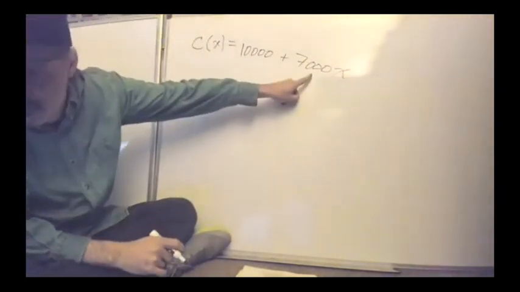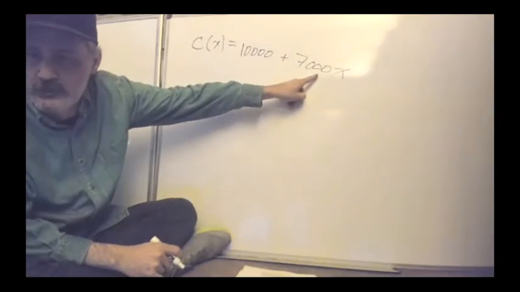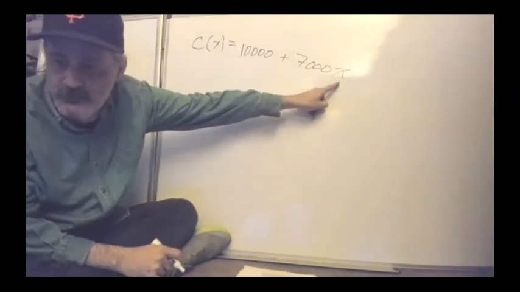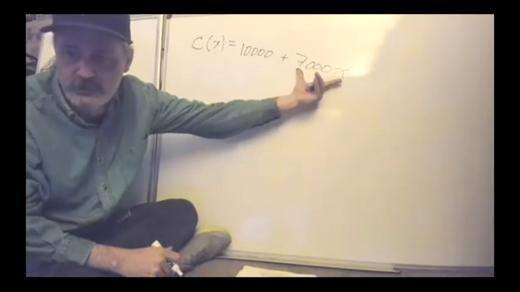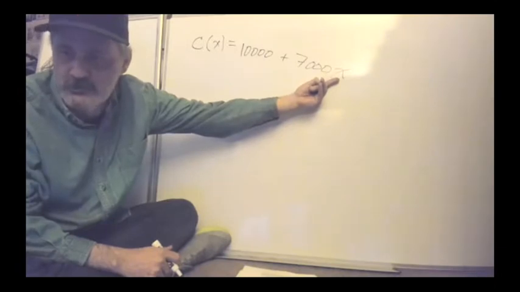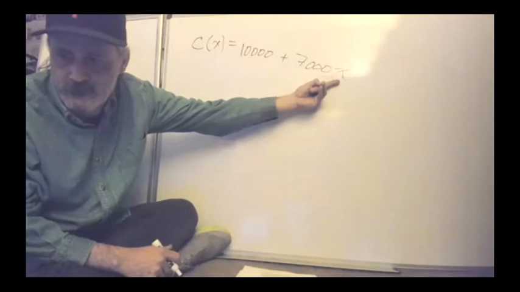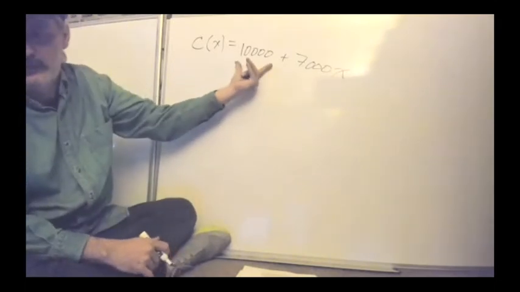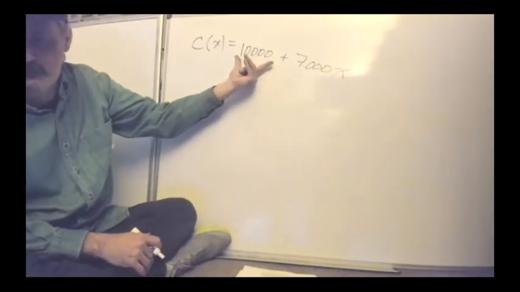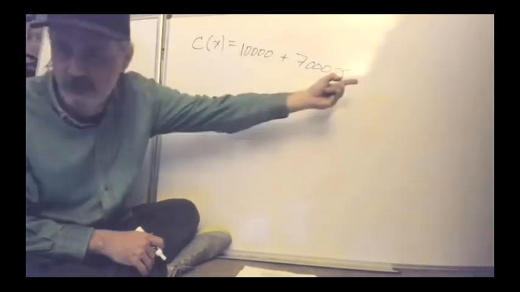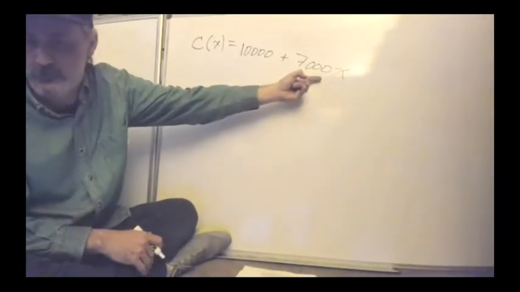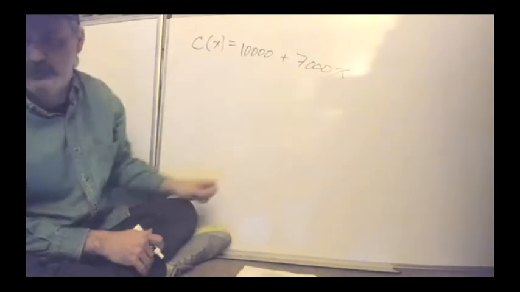That's why they call this the variable cost, because that's what's multiplied to the variable. Depending on the number of cars you build, 7,000 times the number of cars, which I'm using X to represent. Fixed means it's not multiplied to a variable. So you're always going to have to pay 10,000 and then plus however many cars you manufacture times 7,000.